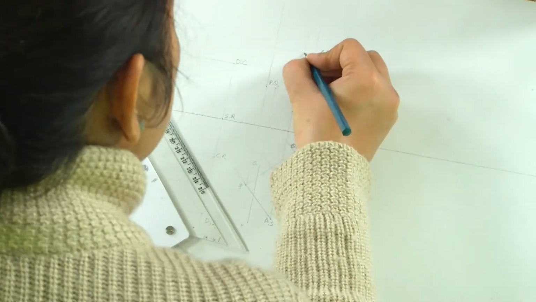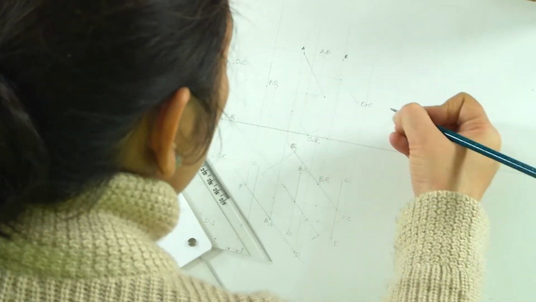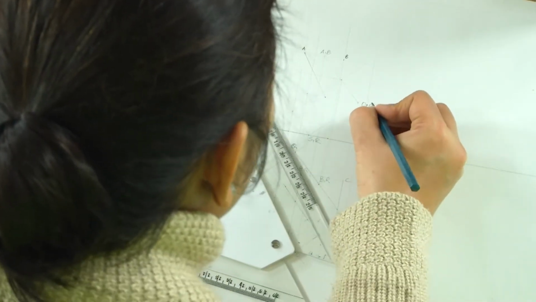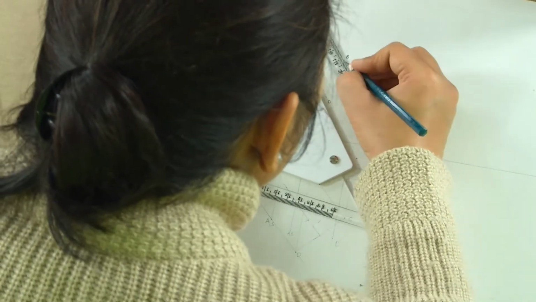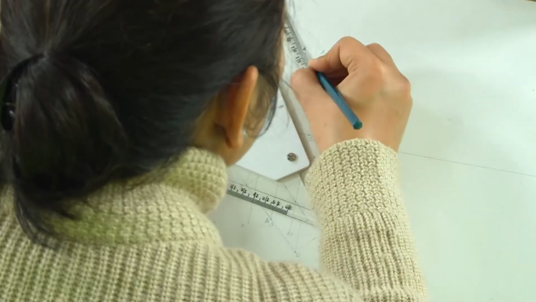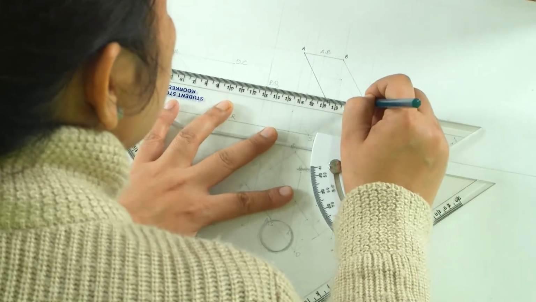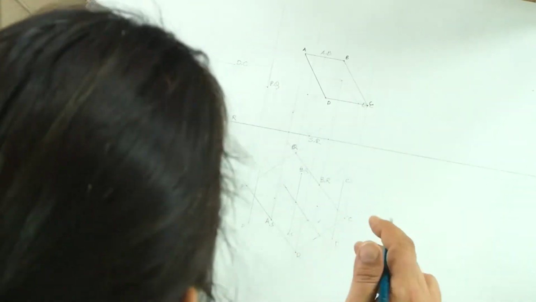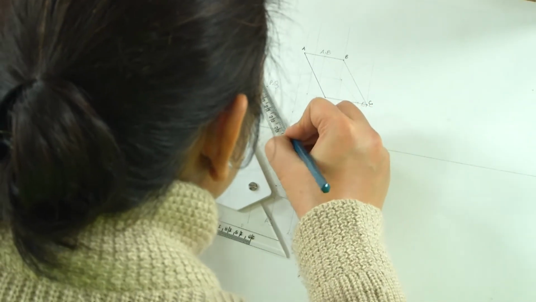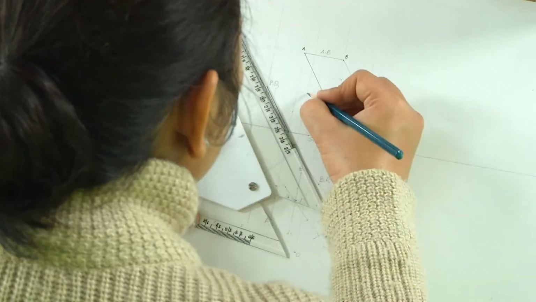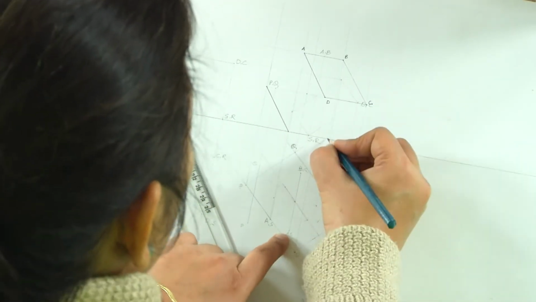So what we have here is this A, B, this is the C, and this is where you get D. This is the top one, and then P, S, Q, and your R. R is here.